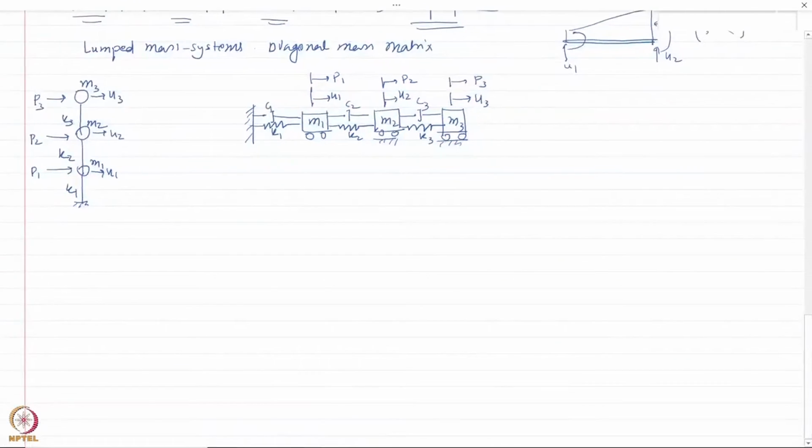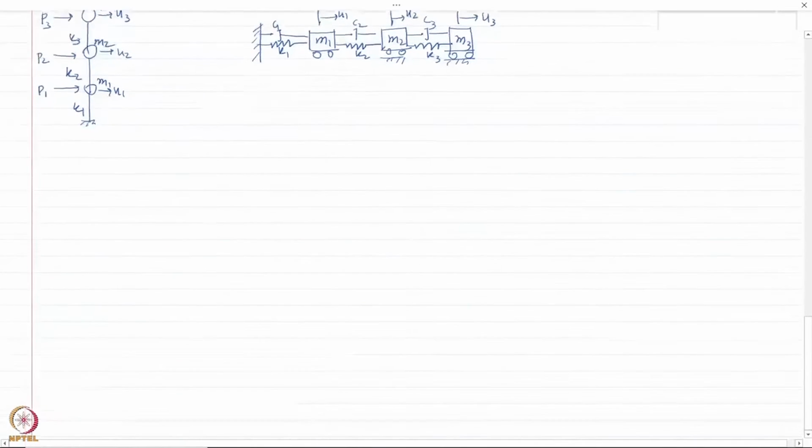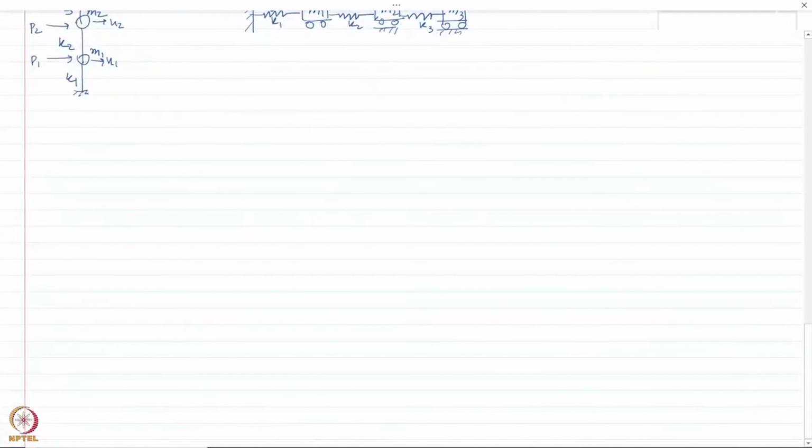Now let us consider different components of a multi-degree of freedom system. We are going to utilize again the same shear type building. Why do we do that? We will see the utility of that representation later.